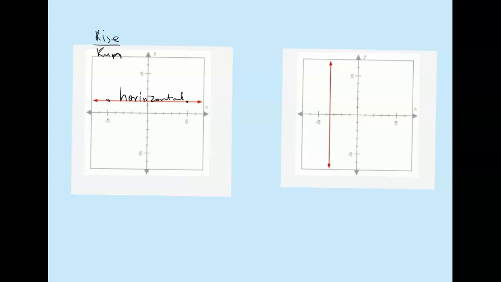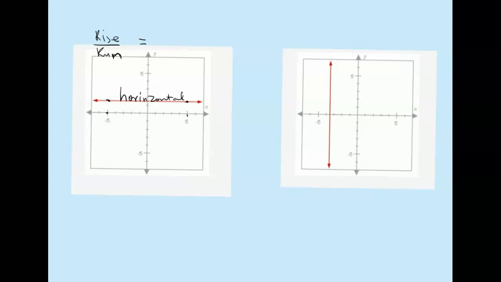When we look at here, we realize that we are rising 0. It doesn't give us any rise here, but we are running from here to here, which is about 10 units.